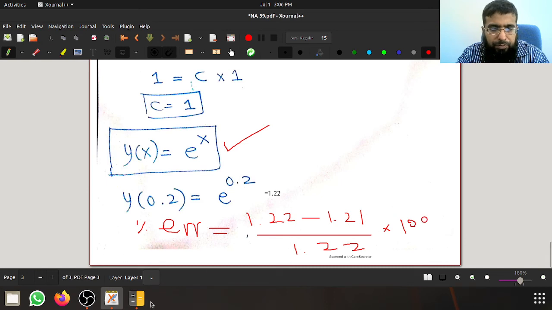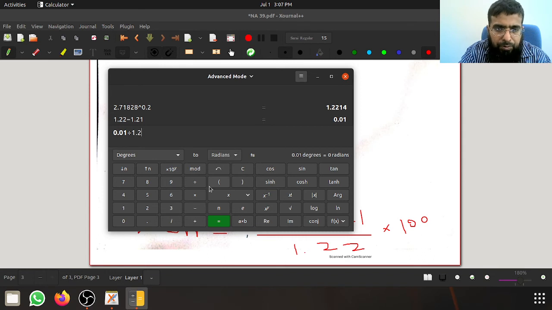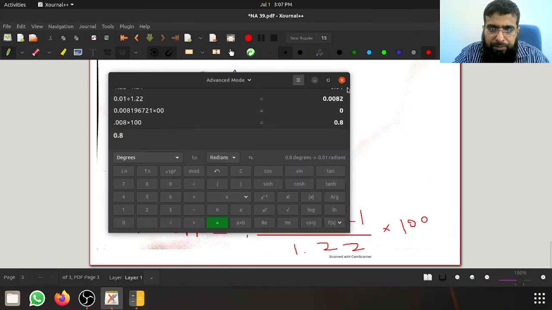So this we can compute using the calculator. 1.22 minus 1.21 divided by 1.22 times 100. That was 0.008 times 100. It's almost 0.8%.